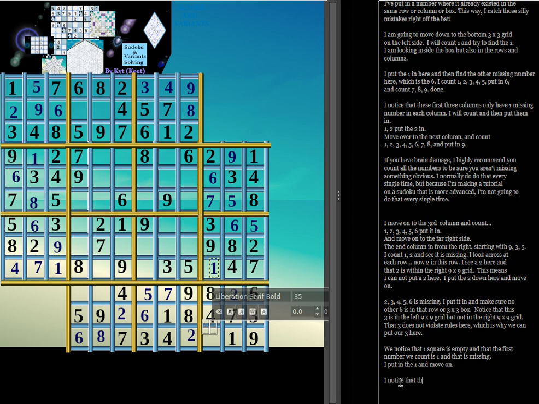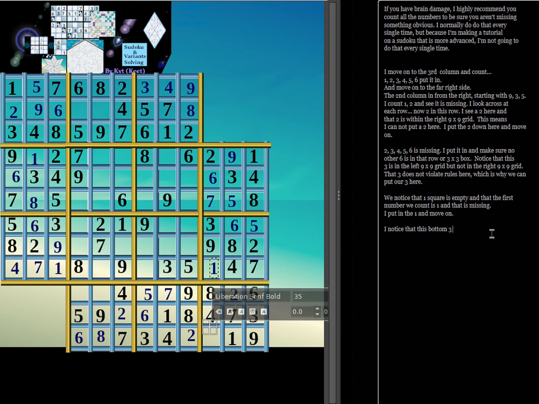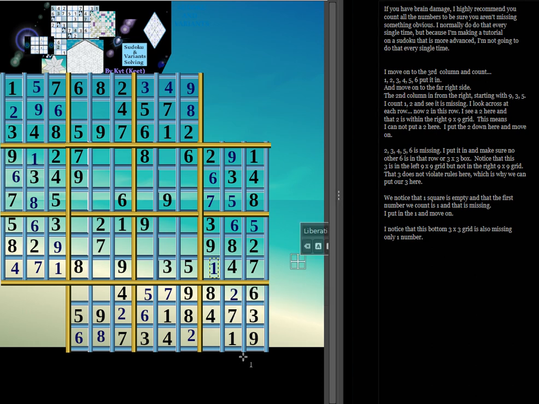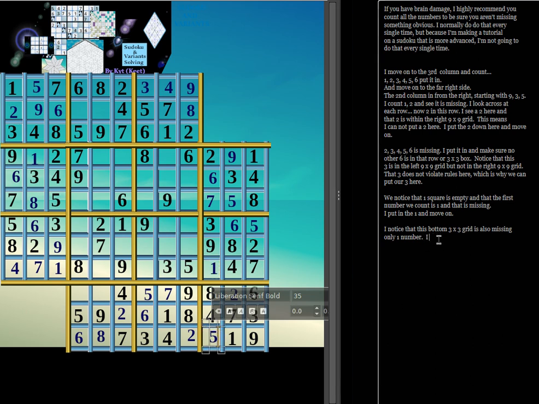I notice that this bottom 3 by 3 grid is also missing only one number. I count 1, 2, 3, 4, 5 is missing.